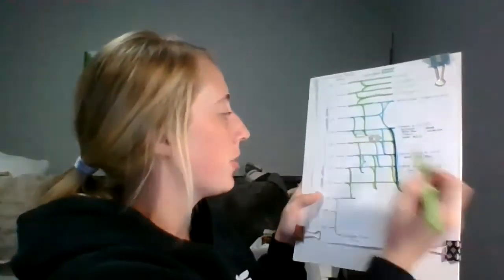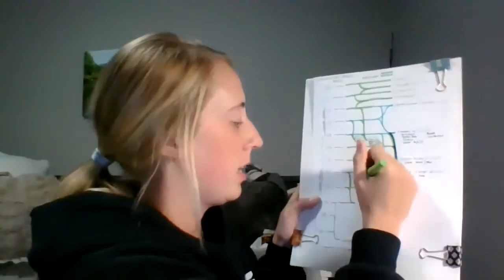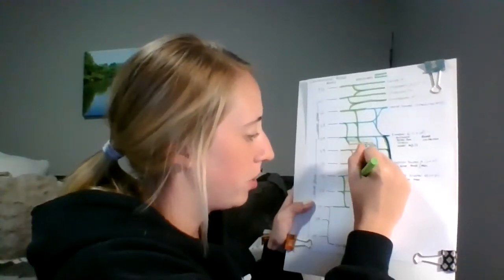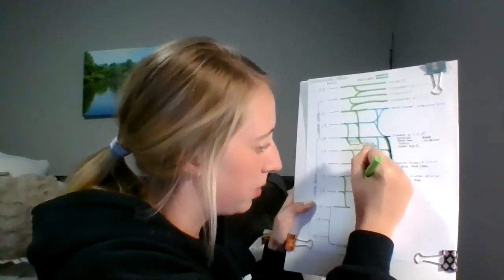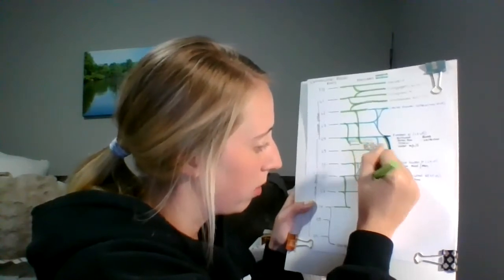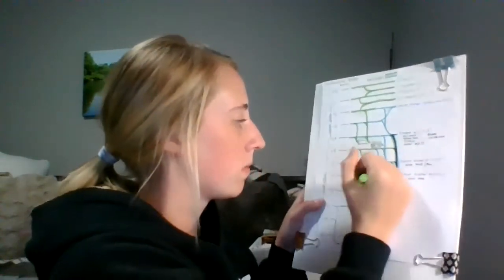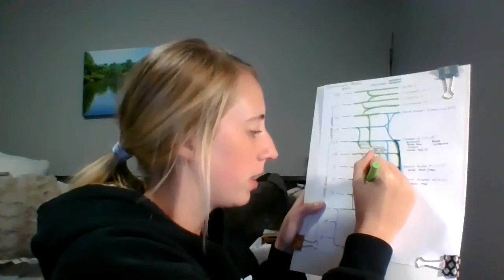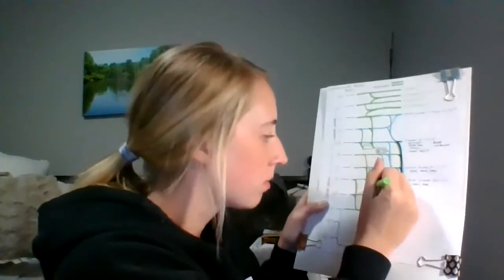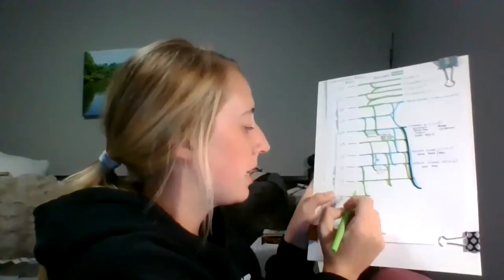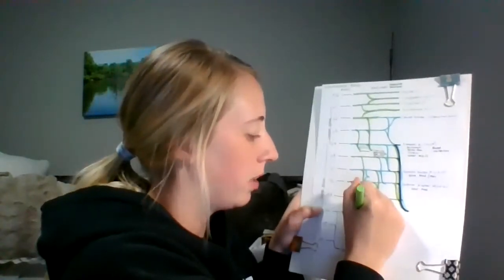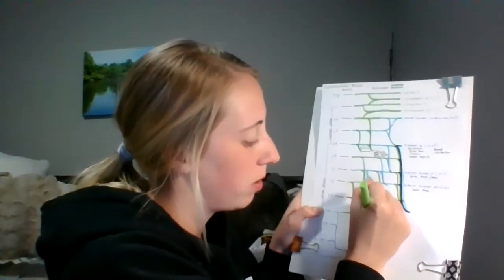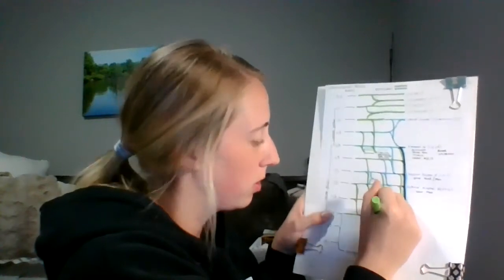Then on the anterior side, from L5, S1, and S2, we have the nerve to the obturator internus. That's L5 to S2. From S2, S3, and S4, we have the pudendal nerve.